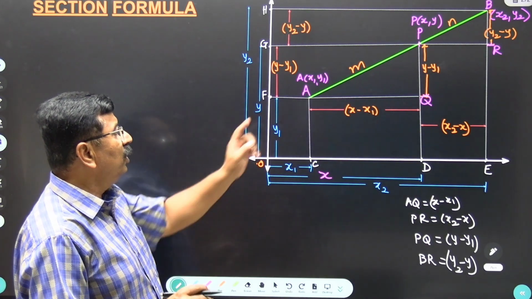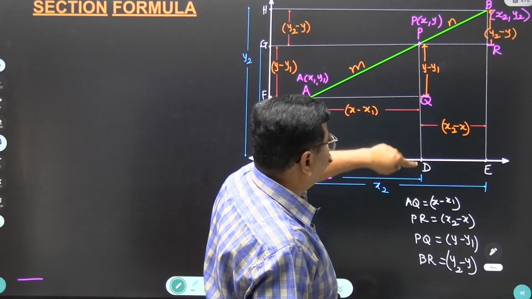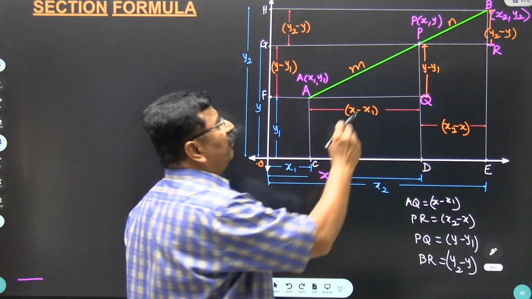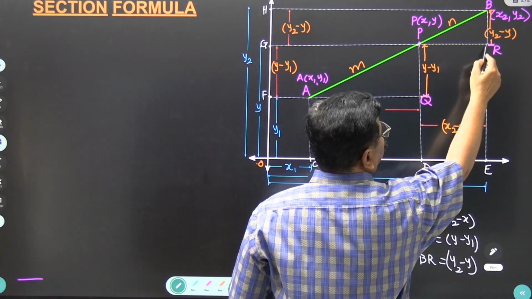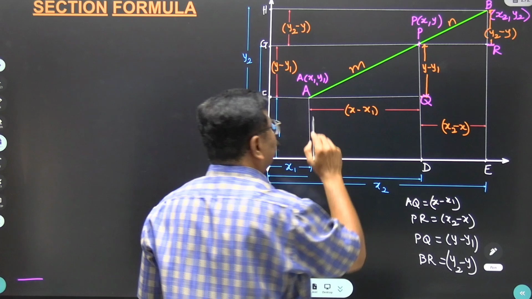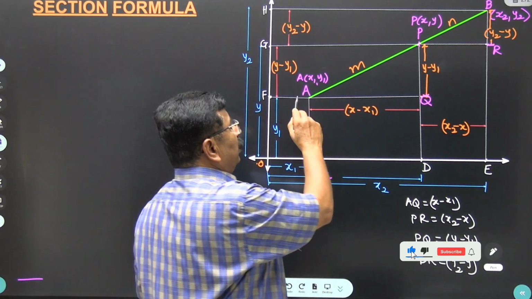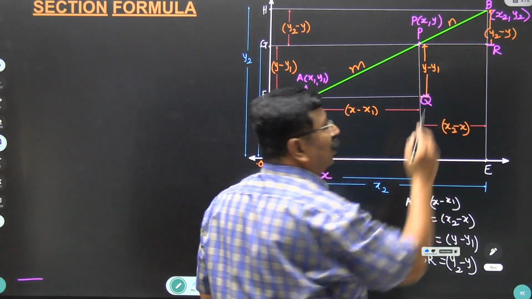Now I will draw the perpendicular from point A to this segment PD, which meets at point Q. In the same way I will draw a perpendicular from point P to this BE, and that meets at point R. So have you realized, students, that you get two right angle triangles AQP and PRB.